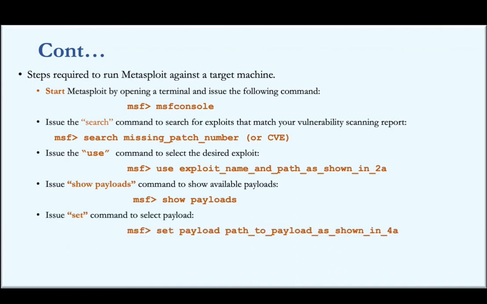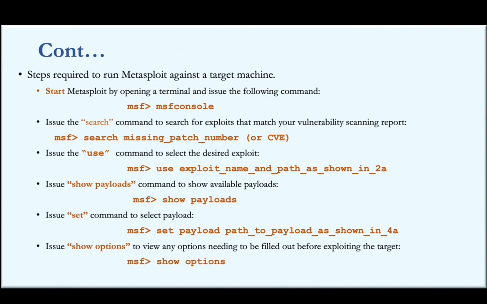First you use this exploit module, then set this payload for it. Then you need to set the IP addresses of your target. To check whether there is any missing information, we issue show options, which will display any missing information, the source IP address and the destination IP address.